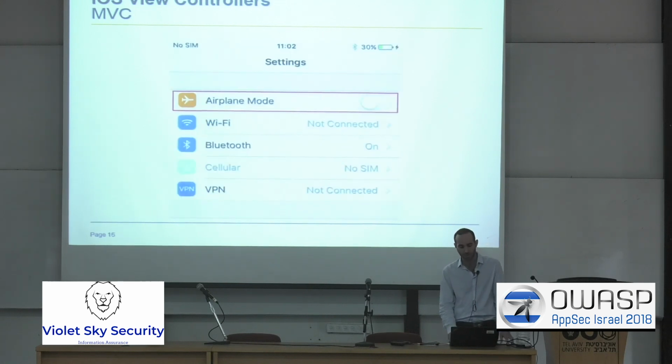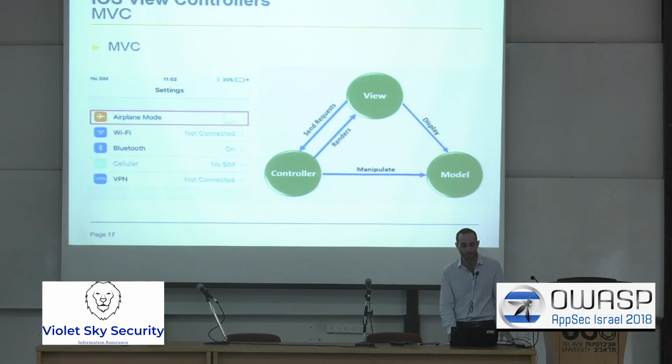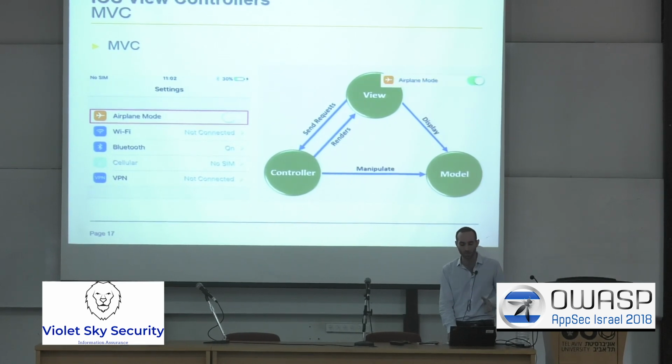Quick example. If, for instance, we have the settings application, which we will use a lot in this talk as an example. So there's the airplane mode switch, which is a part of the view. And when a user clicks on the airplane mode switch, what happens is that the switch changes its state, but first only at the view and not the actual state of the airplane mode in the device.